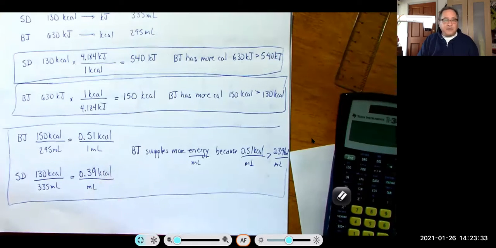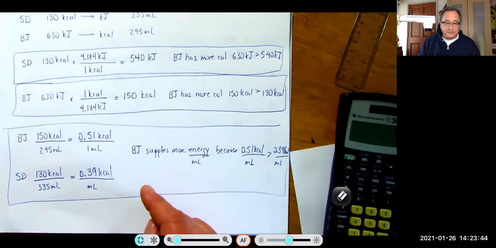And a lot of times people don't explain their parameters, and so they make any stupid claim that they want to. Can we claim that based on this evidence that berry juice is better for you than soda? Yes or no?